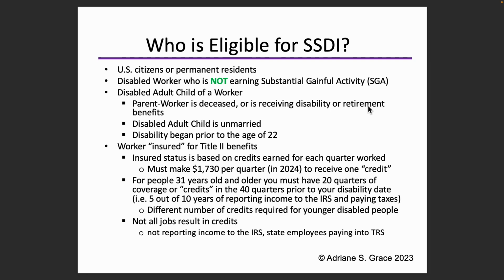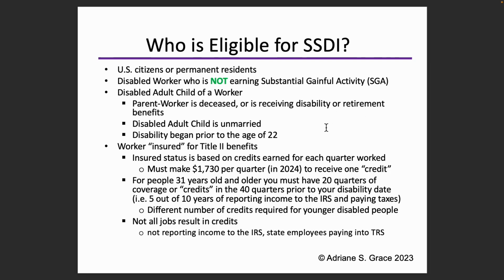And in fact, your child could build up their own work record, because you only have to put in about $1,730 of earnings per quarter and pay tax on it to get a credit for Social Security. So your disabled child could actually become insured for disability, for retirement, by working part-time. So I want y'all to know about that, because sometimes your child could get switched over from SSI to their own disability benefit because they work long enough. Okay, go to the next slide.